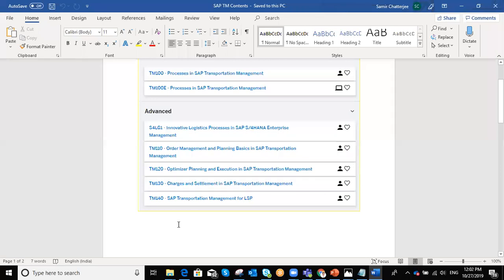Next is TM140. 140 is especially for logistics service providers. So 140 has specific strategies, policies and scenarios for specific countries like Canada or Switzerland or China or maybe Singapore. These countries have very specific rules, regulations and policies under global trade services, under export and import policies applicable for transportation management processes.